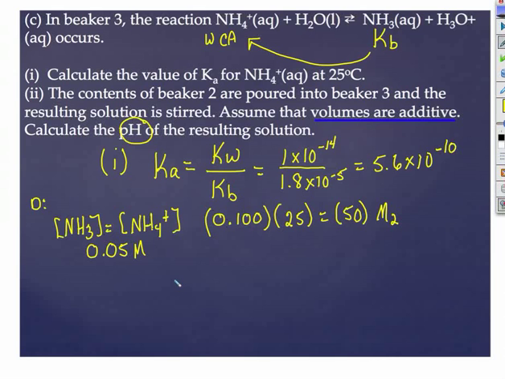Okay. Now we have to plug this into RICE. So these are equal to one another. And you can do this a couple of ways. I'm going to go ahead and set it up in this formula because I have that already. So Ka is equal to my H3O+, that's the same as H+, remember symbolic synonyms, times NH3 over my NH4+.